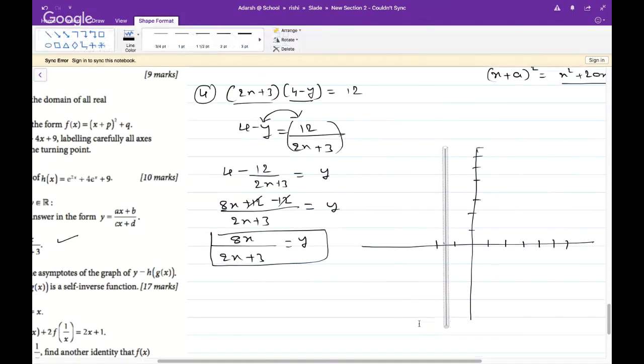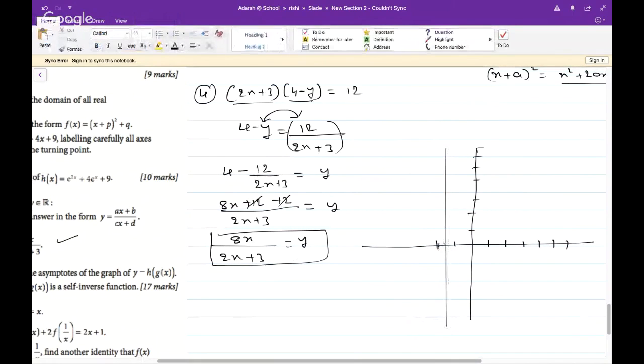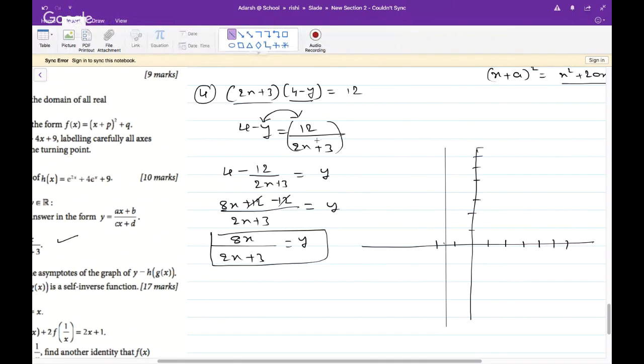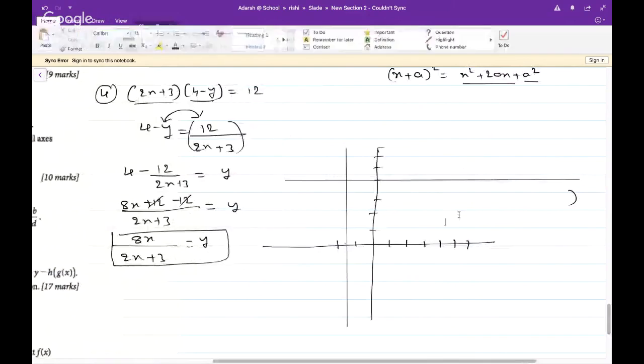So at this place you have the vertical asymptote. The horizontal asymptote is the coefficient of x in the numerator divided by the coefficient of x in the denominator, which happens to be 4. So the horizontal asymptote is through this line. So this is your horizontal asymptote.